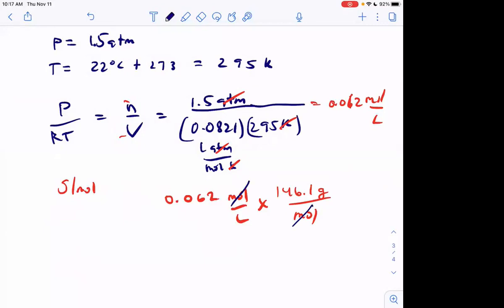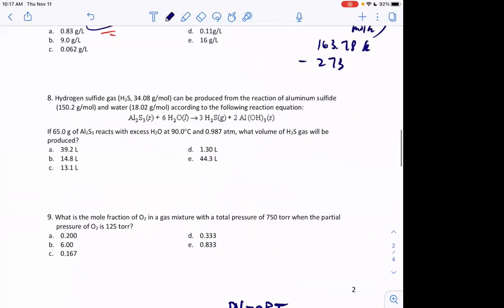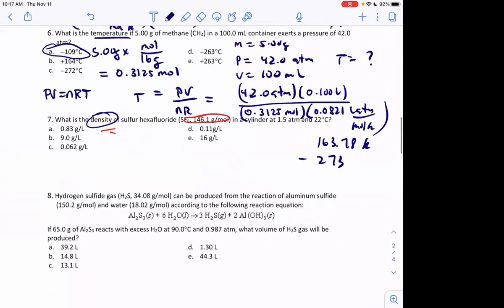So always solve for something. The fact that you're solving for two unknowns grouped together, who cares? You're effectively solving for N over V, which is kind of a density, right? Material over volume. What do we get for our answer? So B, is that what you got? Agree? Okay, does that make sense?